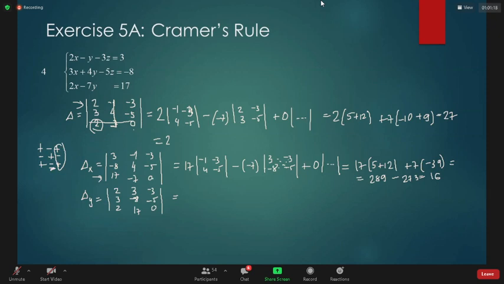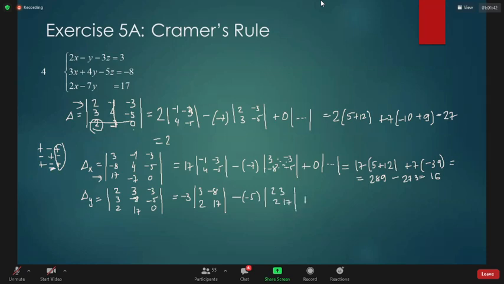So minus 3 is in the plus position, so it stays as it is, and multiplied by its minor 3, minus 8, 2 and 17. Then I have minus 5, which is in the minus position, so it's minus negative 5 times its minor, which would be 2, 3, 2, 17.